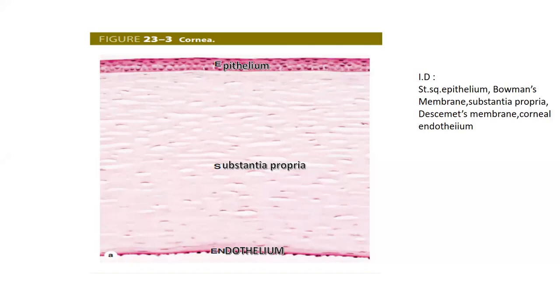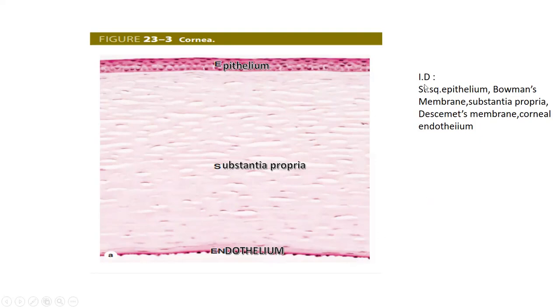It is the basement membrane of the endothelium, and these are squamous cells having flattened nuclei, that is the innermost corneal endothelium. So this is the first layer, epithelium, then Bowman's membrane, second layer, then stroma, third layer, this Descemet's membrane, fourth layer, and these flattened squamous cells are the fifth layer, endothelium.